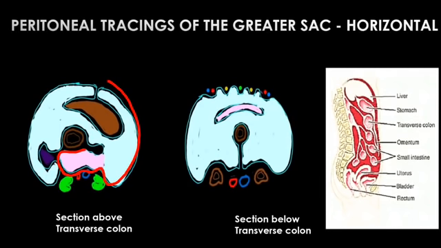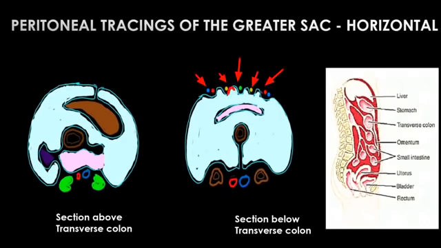In the section seen below the transverse colon, that is below the umbilicus, earlier we saw there are three folds formed in the midline. Below the umbilicus, medially the median umbilical ligament, on either side two medial umbilical ligaments, and laterally the lateral umbilical ligaments. So on these ligaments, what happens? The parietal peritoneum forms folds, forming median fold, medial folds, and lateral folds.